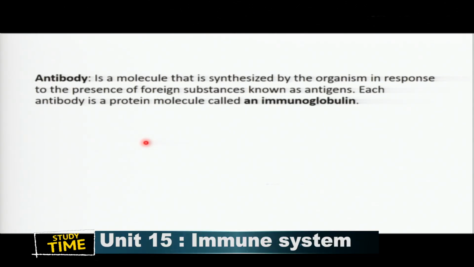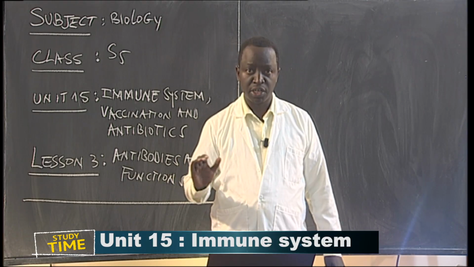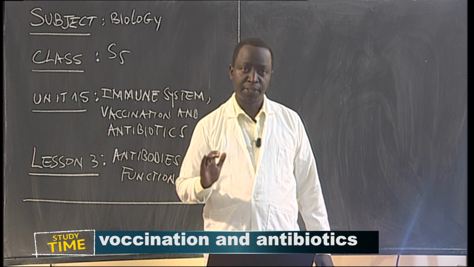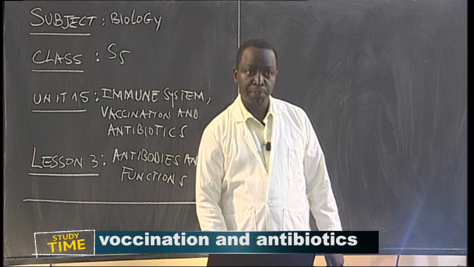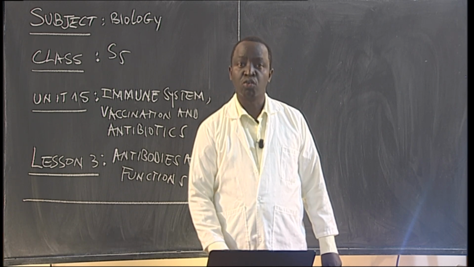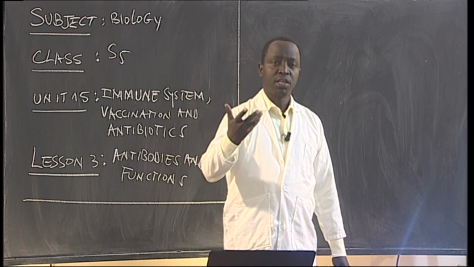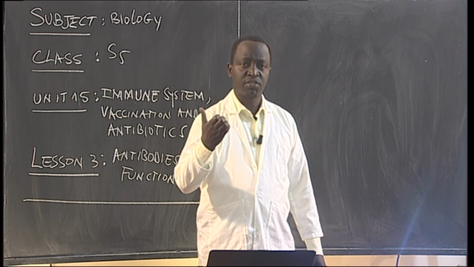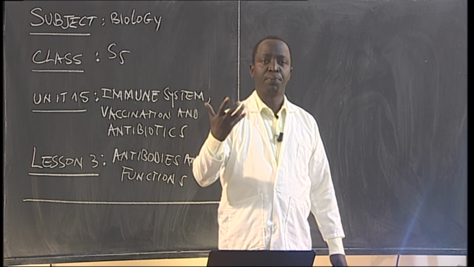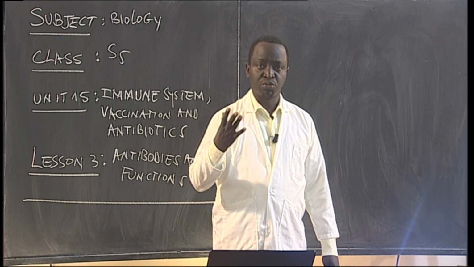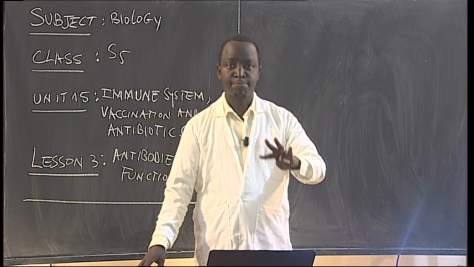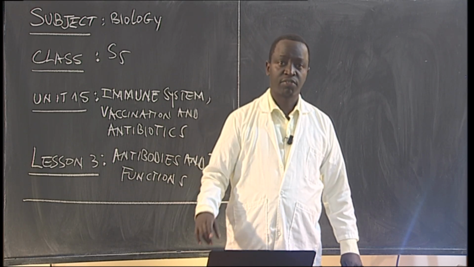Antibodies are, first of all, protein in nature. They consist of a protein known as immunoglobulin. They are there just to help our body to fight against the germs, pathogens.